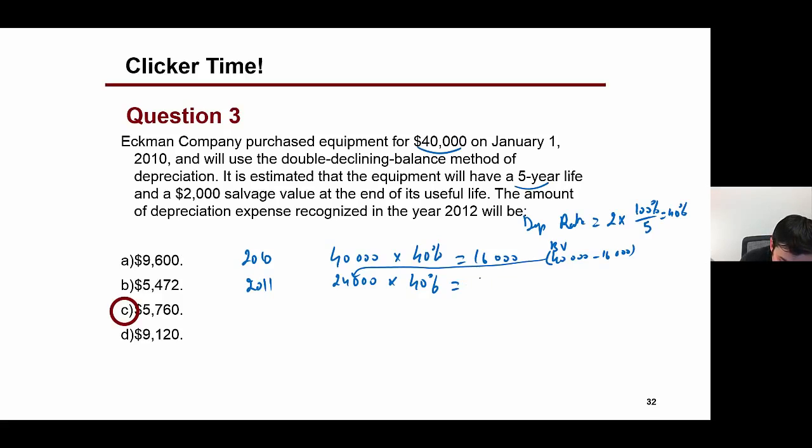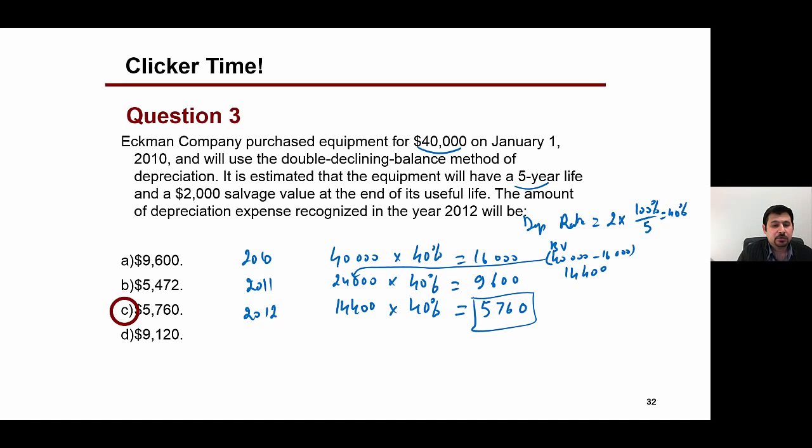That would be equal to 9,600. As a result, book value would become 14,400. So 2012, the new book value is 14,400 multiplied by 40%, and that would be equal to 5,760. And this is the depreciation expense that is recognized at the end of year 2012.